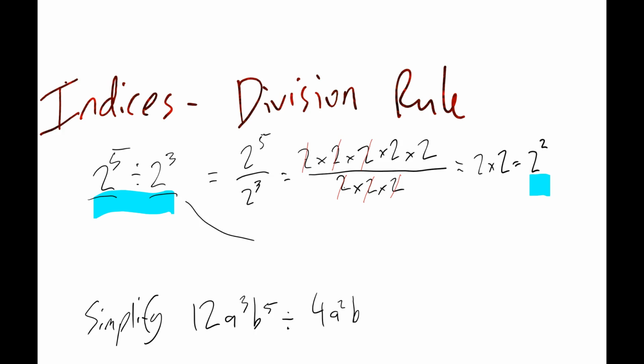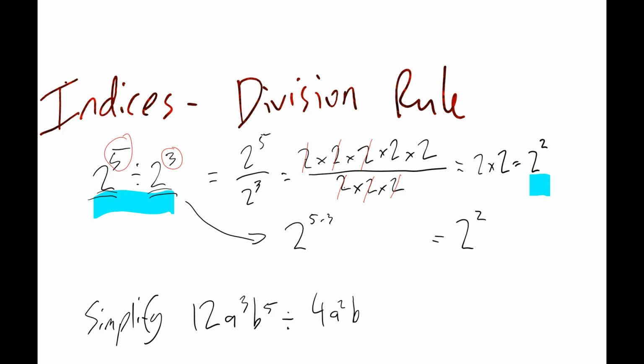I can just do 2, and we've got our powers here, which are 5 and 3. And instead of adding, like the multiplication rule, I take away. 5 take 3, and that becomes 2 squared. Now all of this only works if the numbers have the same base. In this case, our base is 2.